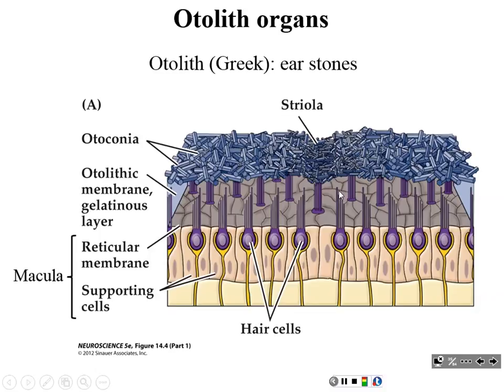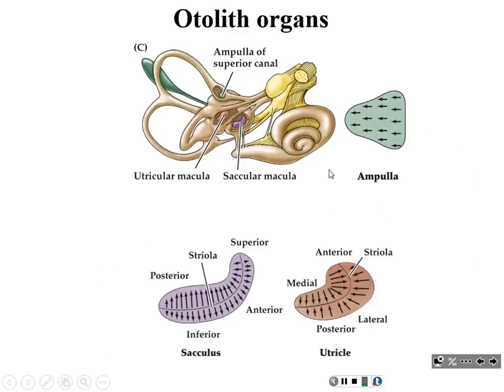Here is the kinocilium towards the midline, and here is the kinocilium on this one and the rest of them. All of them are oriented towards the striola in the midline. And that is what the sensitive part of the utricle looks like. They are oriented towards the striola.